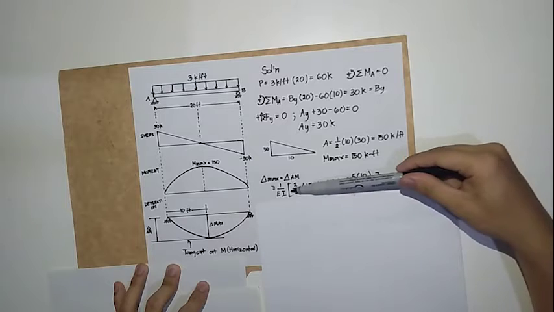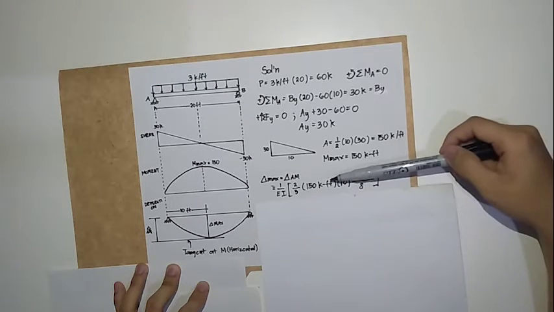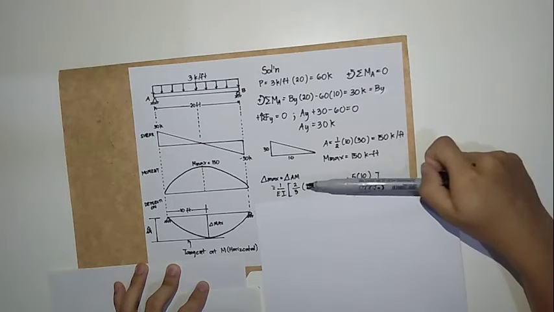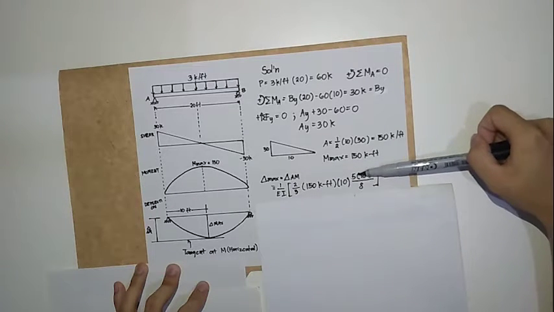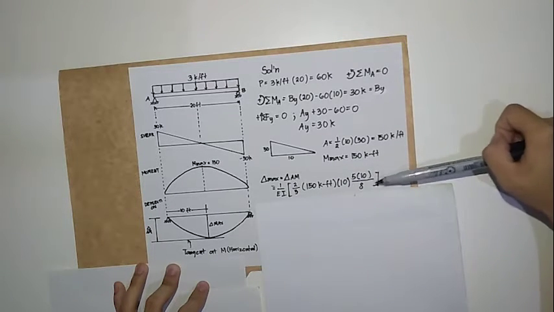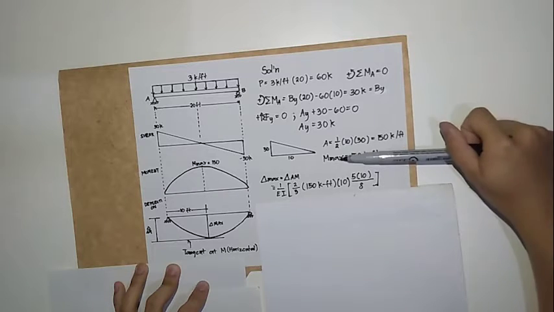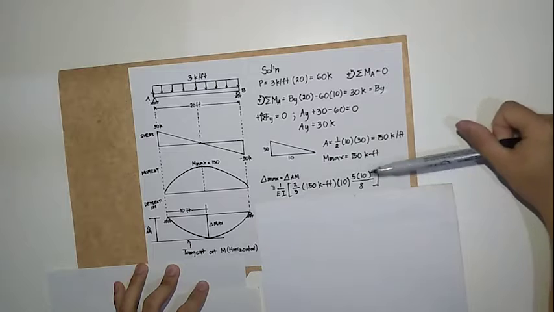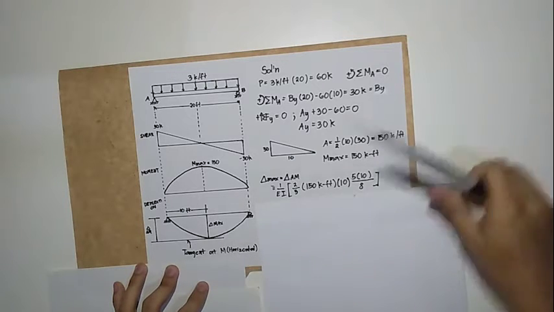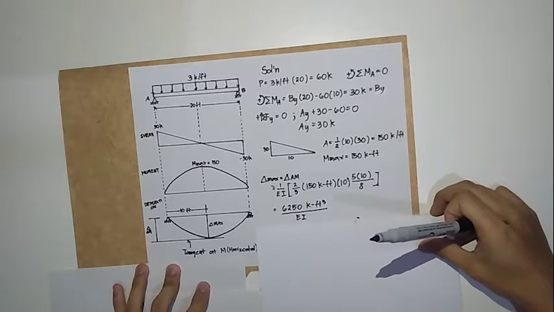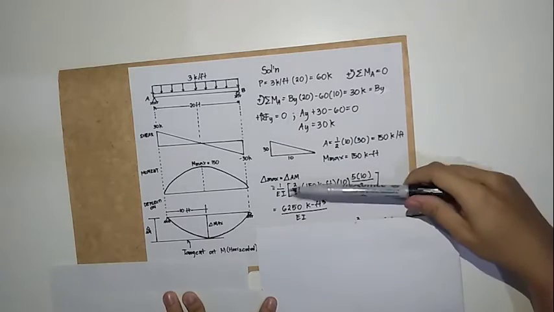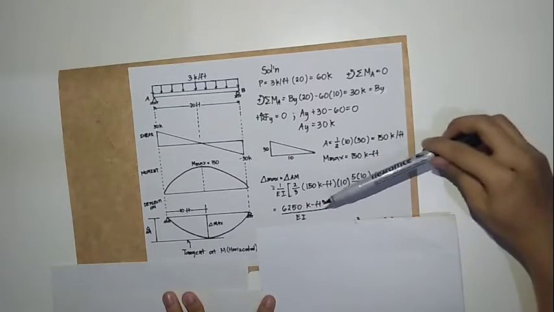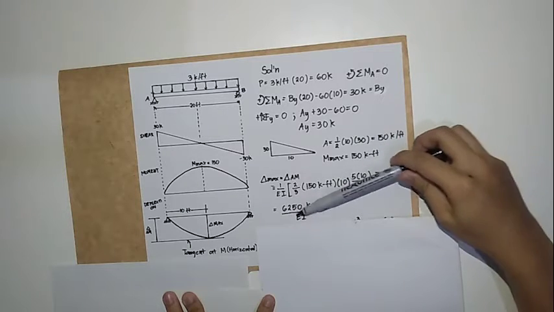So ito po ang formula sa paghanap ng area sa parabola times the formula in finding the centroid, which is 5b over 8, which is ang b ay 10 feet. Ito po. So isolve na natin. So meron na tayong answer na 6,250 feet kips per feet cube over EI.